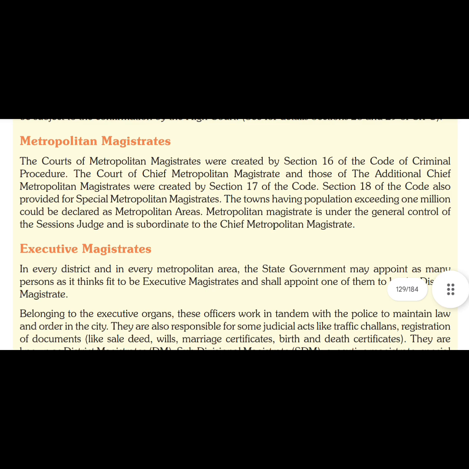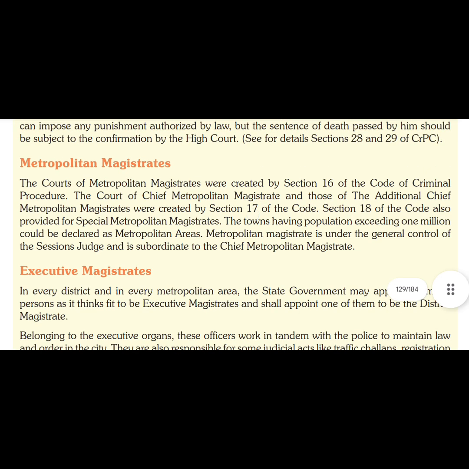Then we come on to Metropolitan Magistrate, created by section 16 of the CrPC. Courts of Chief Metropolitan Magistrate and Additional Chief Metropolitan Magistrate were created by section 17. Section 18 also provides for Special Metropolitan Magistrate. Towns having population exceeding 1 million could be declared as metropolitan areas.